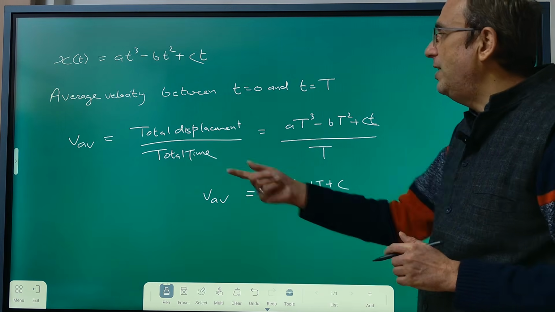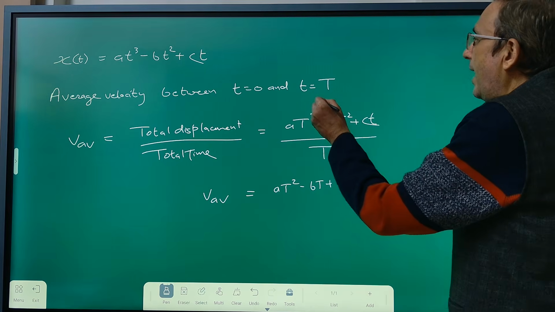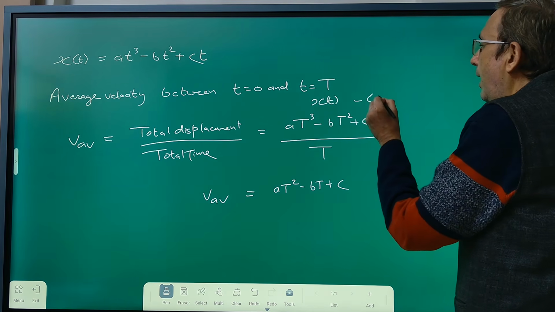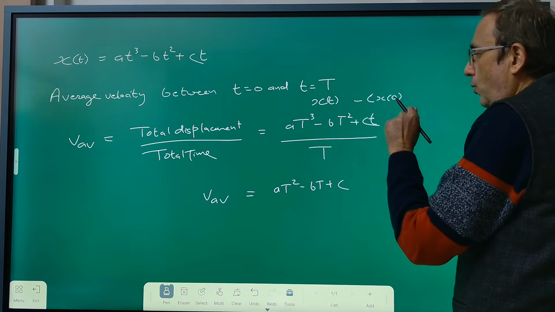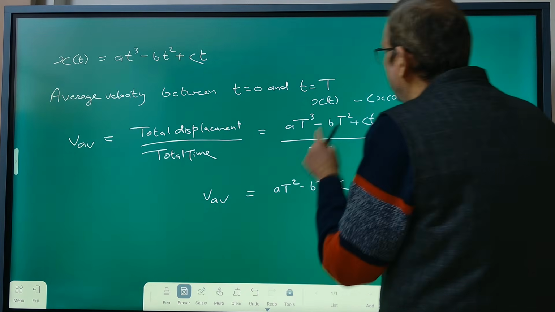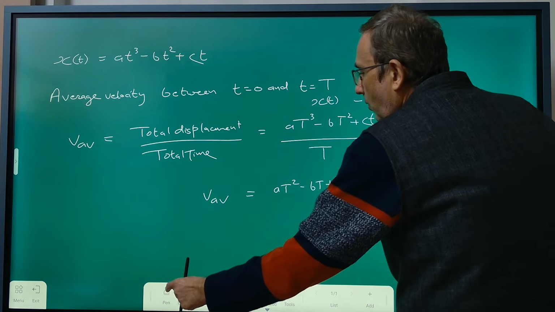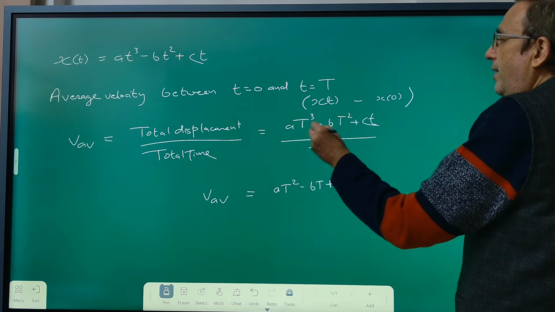So the total displacement would be the position at x is equal to t minus x is equal to 0. X at 0, sorry. So this whole thing, x at t minus x at 0, is this quantity.